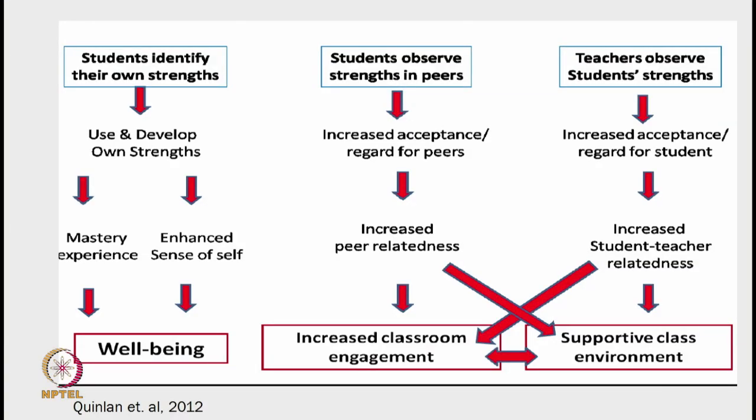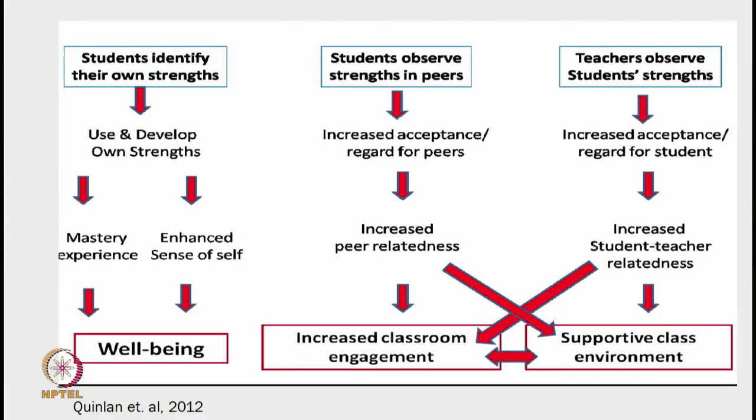During this period you have positive relationships, you have positive interaction with your friends. In this manner they observed increased peer relatedness, and this is actually supporting a class environment also. So, you are trying to make a positive supporting environment, and you know supporting environment and positive environment again lead to our better level of well-being.